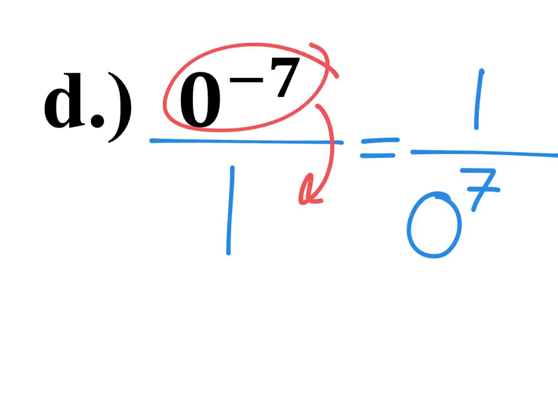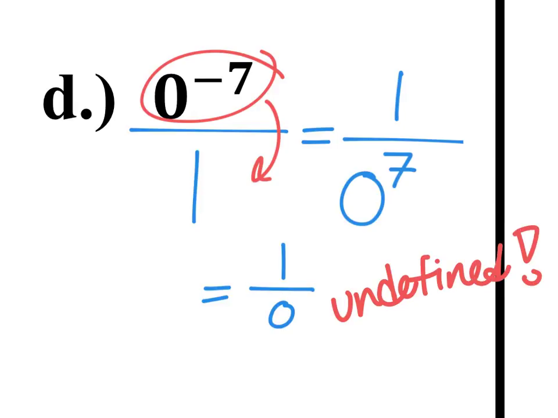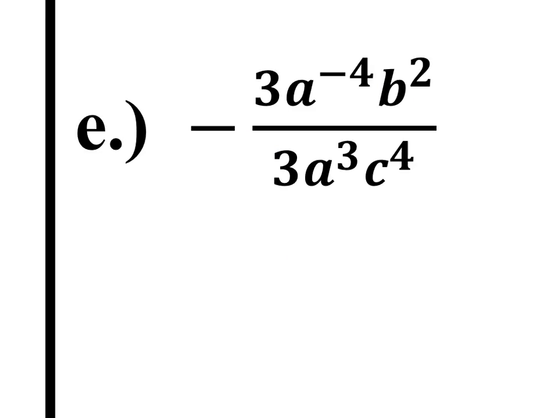Okay, now there's a problem here. So that would be 0 times itself 7 times. So just 1 over 0. What do we say? There's a math word. What do we say when we have a 0 on the bottom, guys? Error. Undefined. This is going back to slope. Error. Divide by 0. Undefined. That's what slope just said, remember?